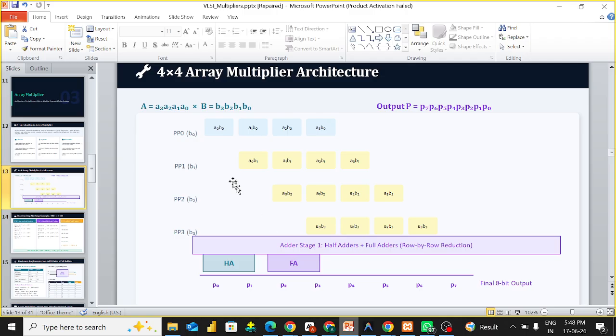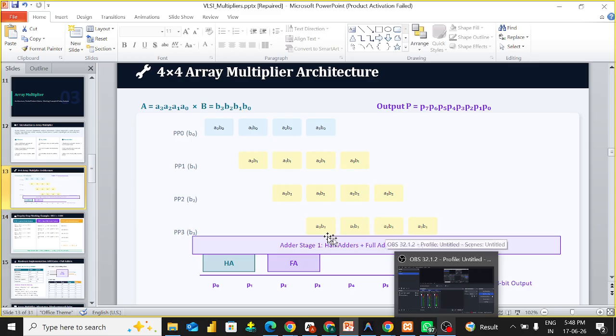If you look at how they are stored, they are in the form of a rectangle, in the form of an array. This will be the first stage, the first partial products, stored in the form of an array side by side, so that's why they are called array multipliers. After multiplying everything, you're going to add them using half adders and full adders, right?